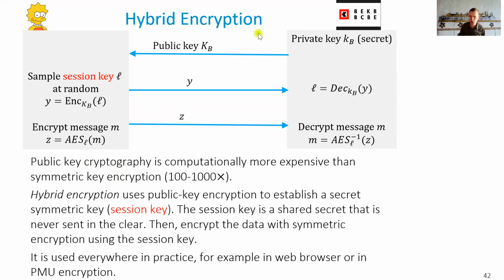Instead, we will use what is called hybrid encryption. The idea of hybrid encryption is very simple. We use public key cryptography to generate one secret key on both ends. So one secret key that will be used by me and my bank, but will be used only for the duration of our transaction. If I remain idle for some time, you will notice that when you don't do anything on your e-banking connection, after some time it breaks and the bank requires you to authenticate again.